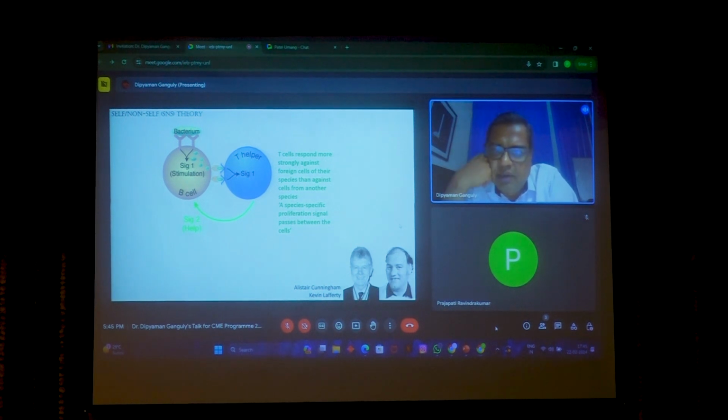Interestingly, Alistair Cunningham and Kevin Lafferty, who worked in Australia, found a very weird finding in their experiments. They found that the T cells respond more strongly against foreign cells of their own species, rather than against cells from another species. And that was really counterintuitive, right?